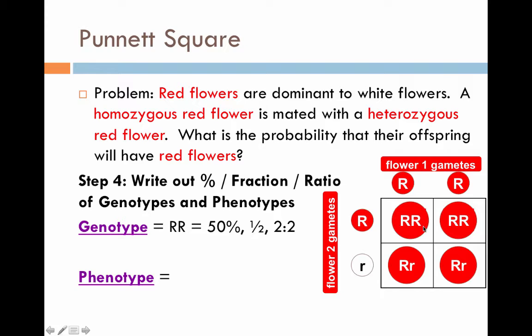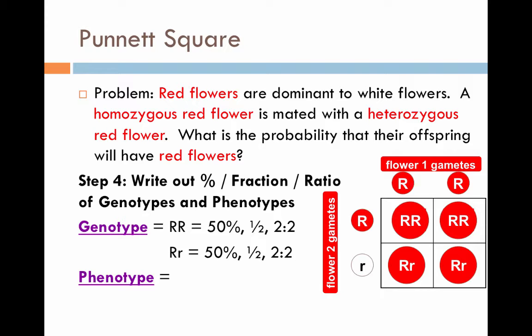Or you could say 2 of them are big R, big R compared to the other 2. So that's a 2 to 2 ratio. You could also reduce it to 1 to 1. Means the same thing. The other 50% are big R, little r. Half of them, 2 out of 4. Again, you could do a ratio. 2 of them are big R, little r compared to the other 2, big R, big R.